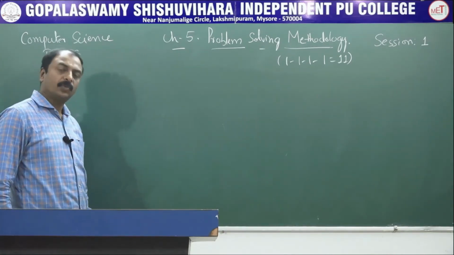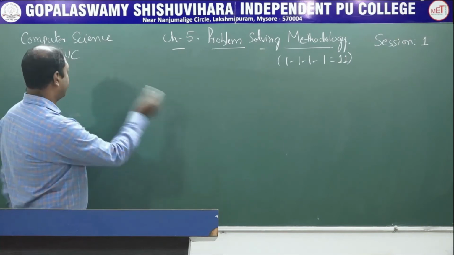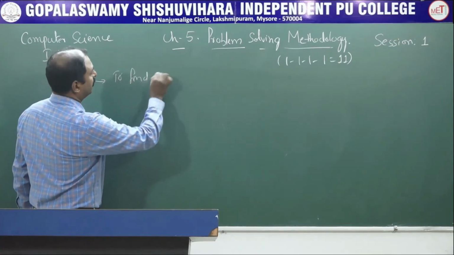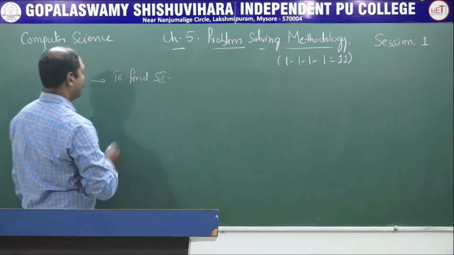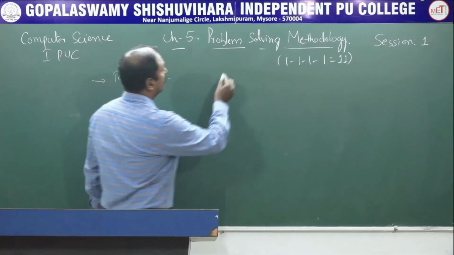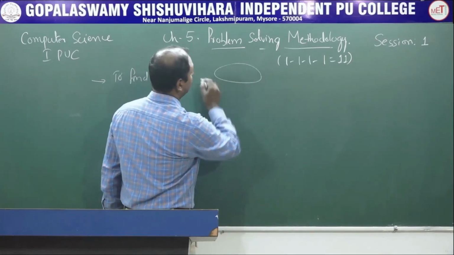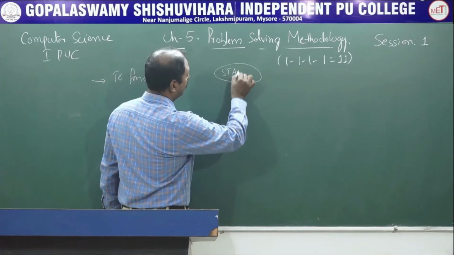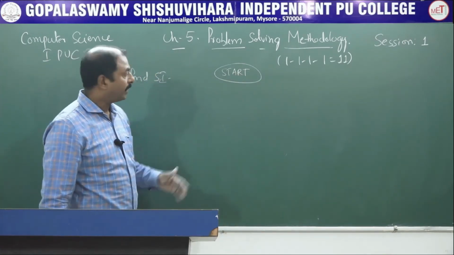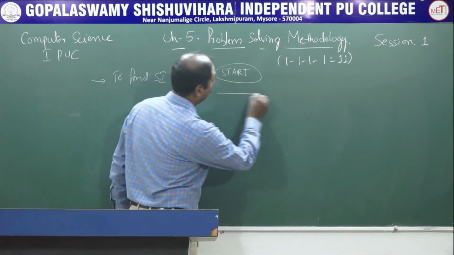Let us write a flowchart to find simple interest. The first step here is we have to start the flowchart. We use this oval shape to start a flowchart. And what is step 1? To enter values of PTR.